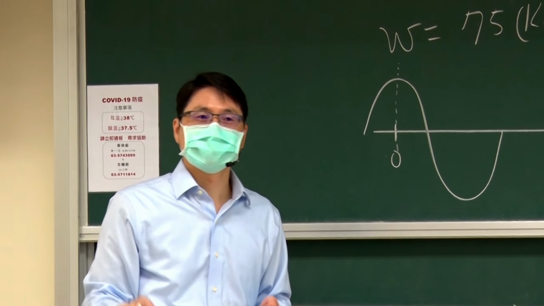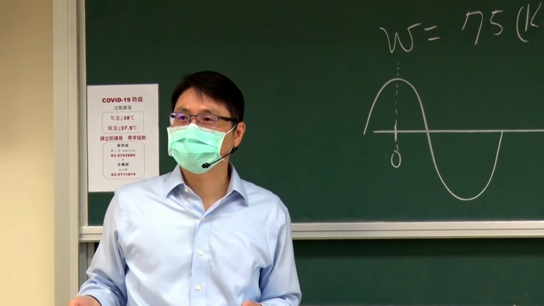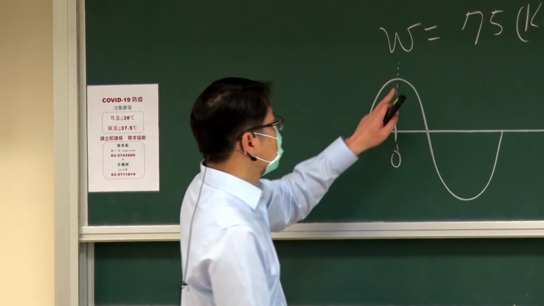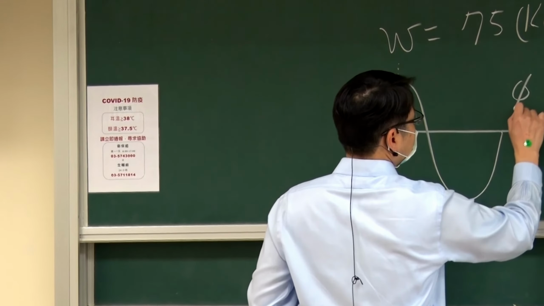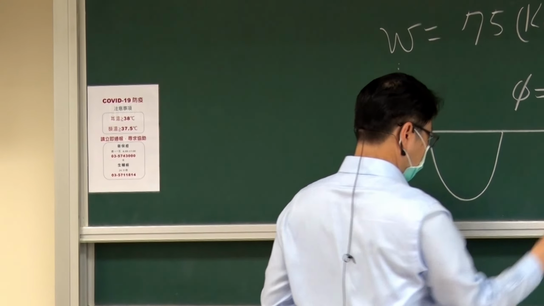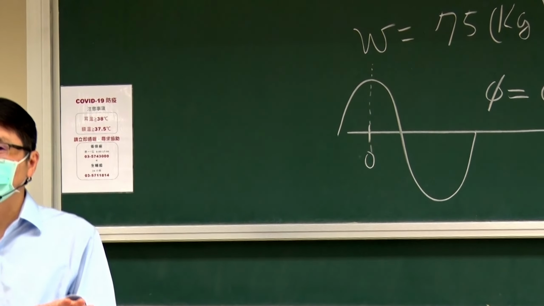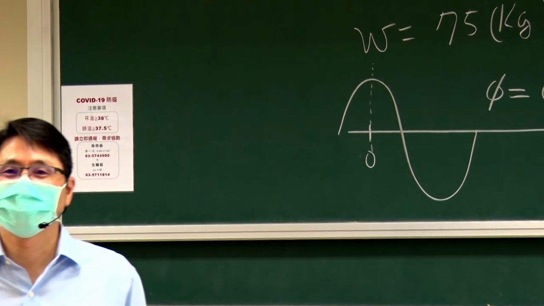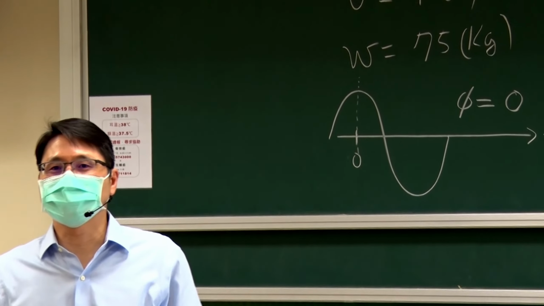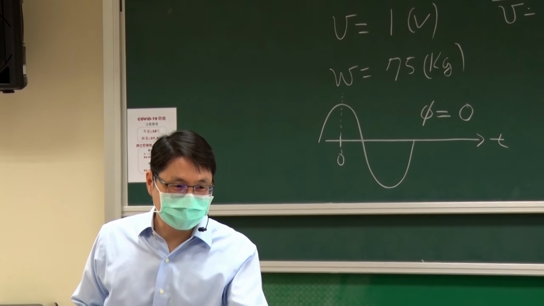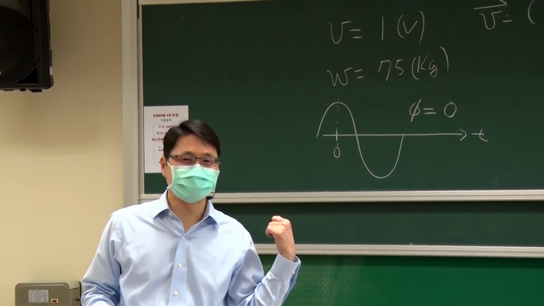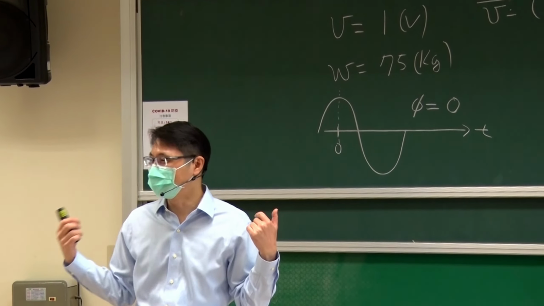Does everybody agree? So for this case, phi equals 0. Does everybody agree? Okay. So you only get 50% of a point. The TA, how many points would you give?